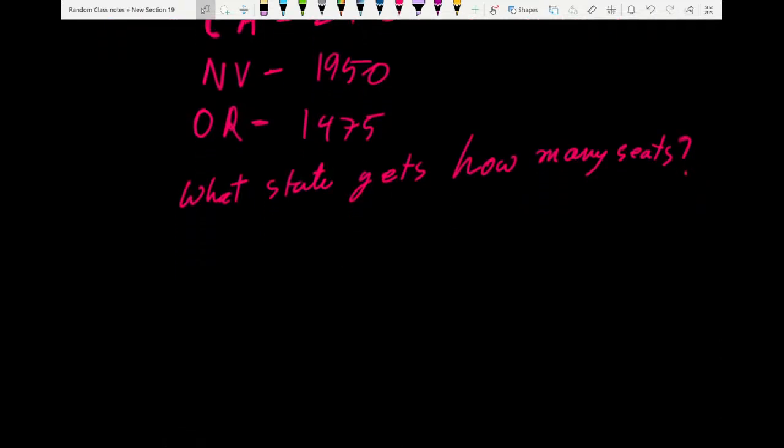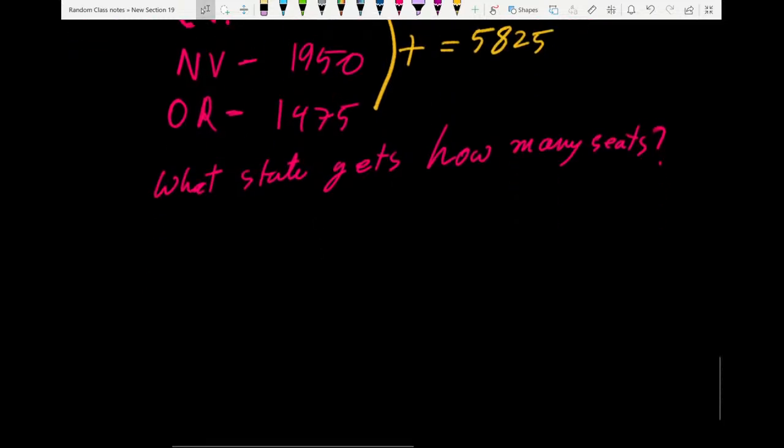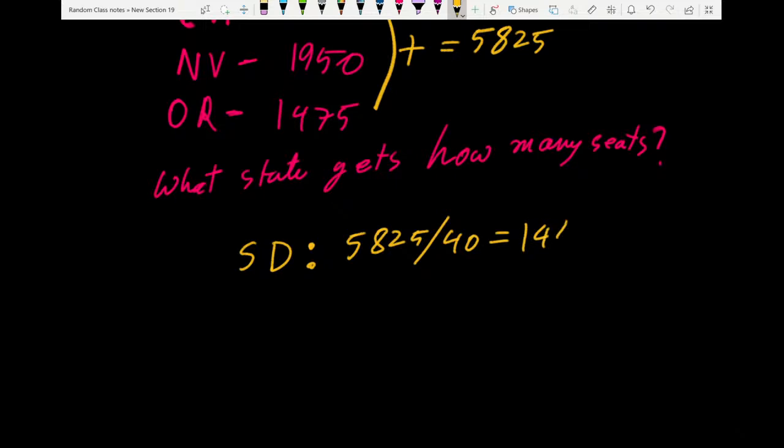So let's look at it. Let's add all the populations. If I add all the numbers, I get 5825. And let's find the standard divisor. 5825 divided by 40, we get 145.625. Okay, so per 145 population, we will get 1 House representative, right?